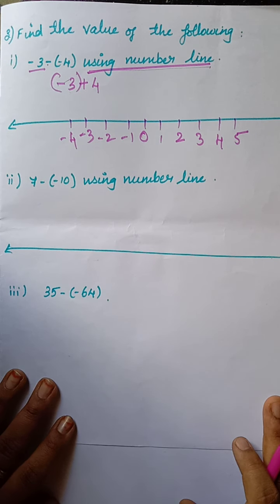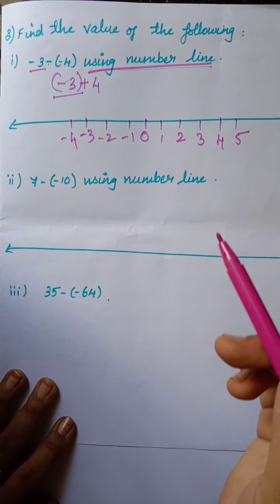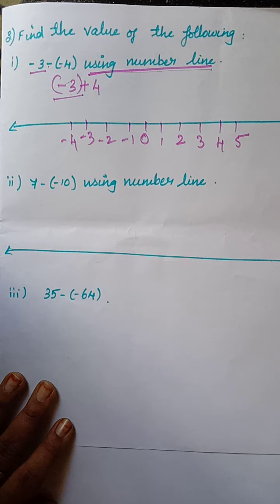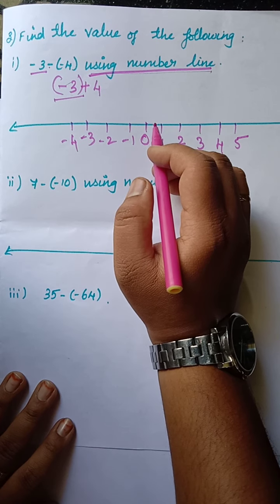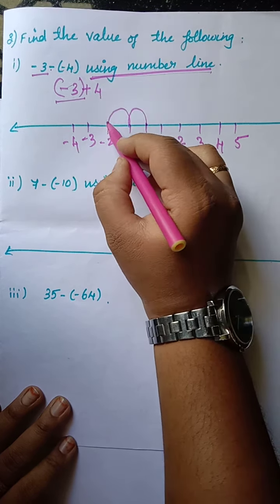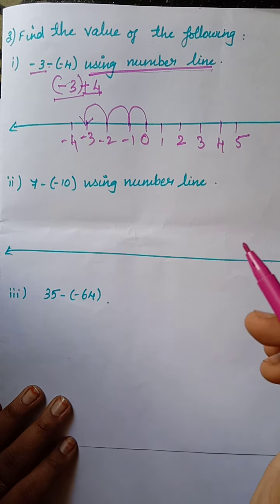So the first number they have given is minus 3. So we have to move 3 units to the left hand side. Why? It is in negative form, so we move to the left. From 0 we move 3 units: 1, 2, 3, so you will be here. Then they have given plus 4. Plus means which side?